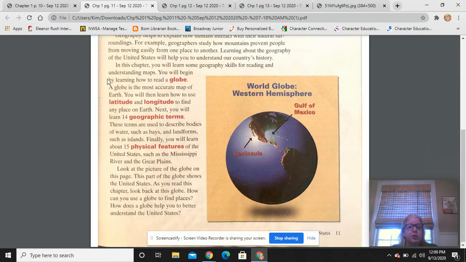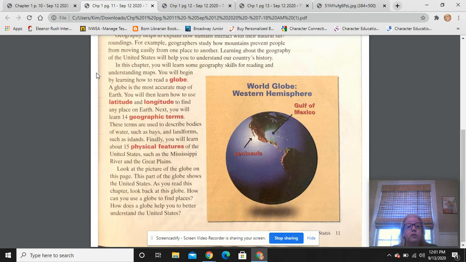In this chapter, you will learn some geography skills for reading and understanding maps. You will begin by learning how to read a globe. A globe is the most accurate map of the earth. You will then learn how to use latitude and longitude to find any place on earth.